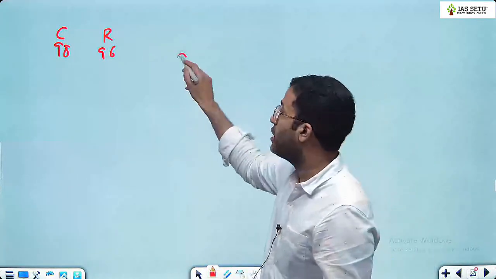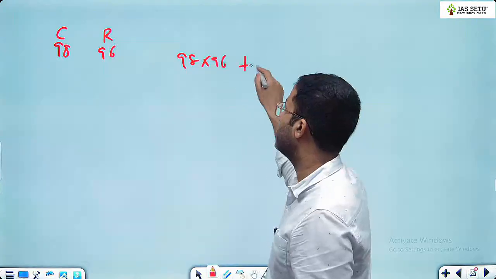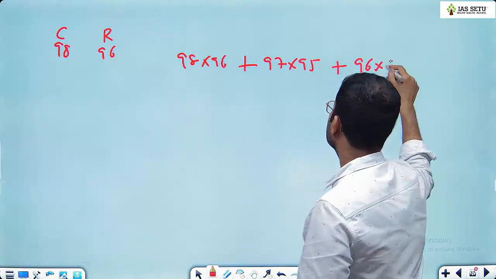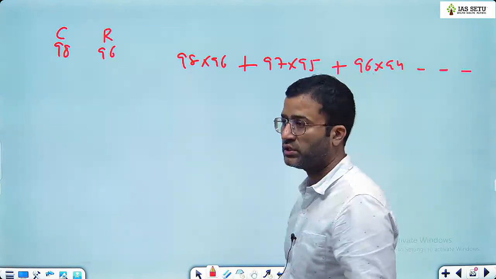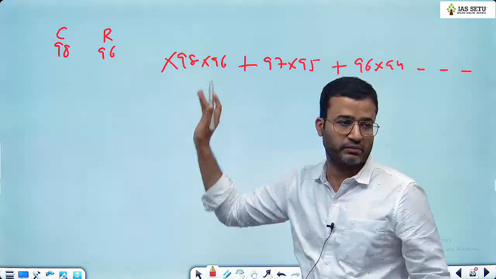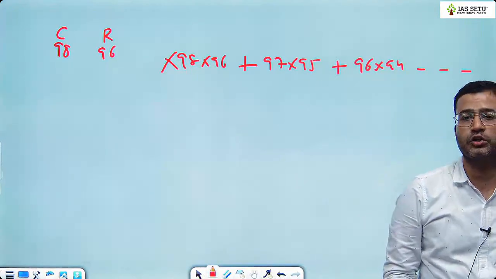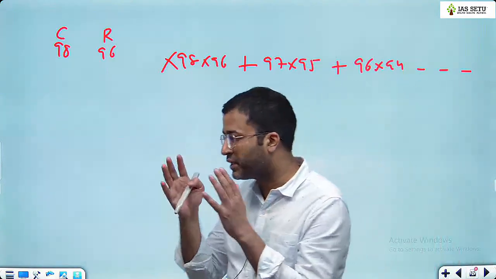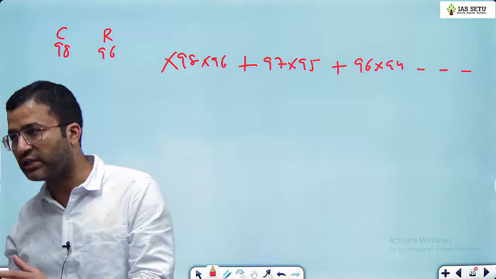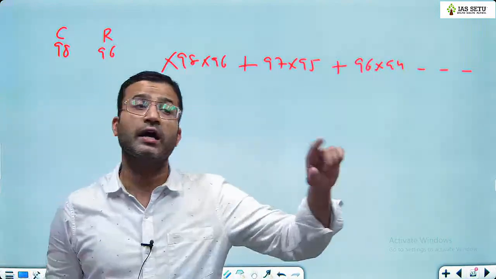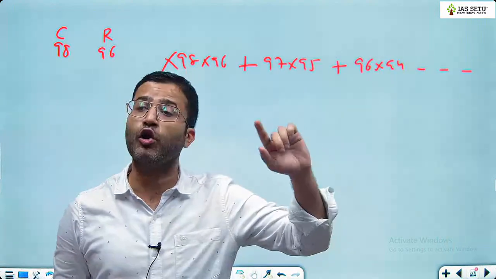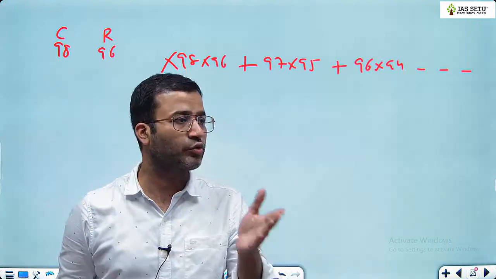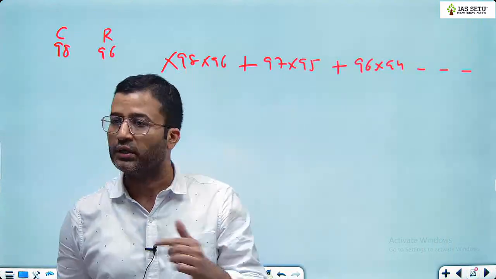What is being formed there? 98 into 96 plus 97 into 95 plus 96 into 94 up to the last. This cannot be manageable. Here we don't have a shortcut. See, the idea is it is a mix of two things. One is the shortcut which we have discussed today, and the other is what we discussed in the rule of counting principle: sum of first n natural numbers, sum of squares of first n natural numbers. That can be applicable.